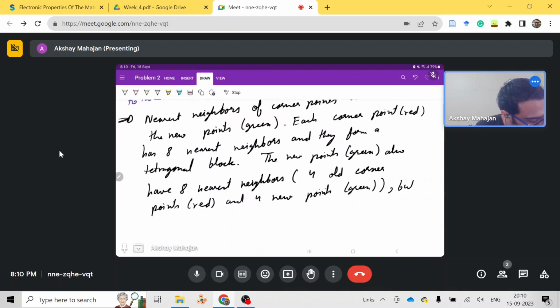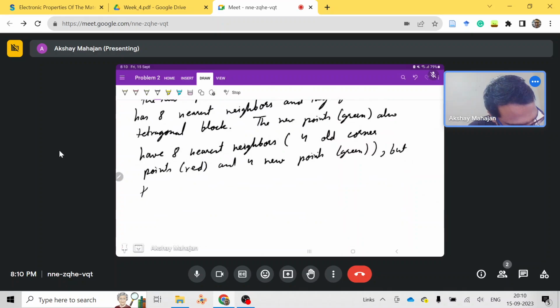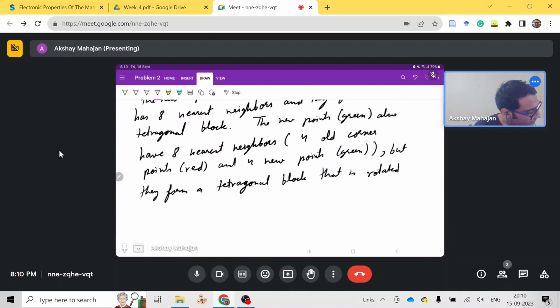But they form a tetragonal block that is rotated from the other one.